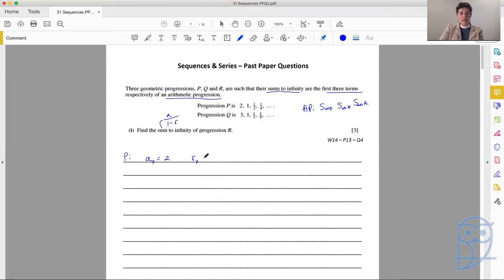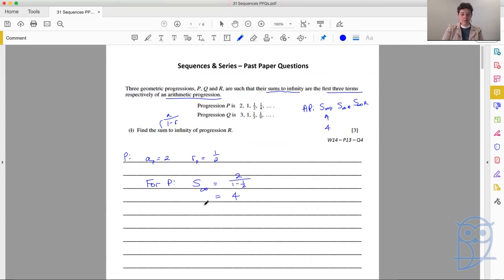R of P is 1 divided by 2, so it's a half. So the sum to infinity, so for P, sum to infinity equals 2 over 1 minus a half, which equals very simply 4. So we've now got this first term here. We know this is going to be a 4.